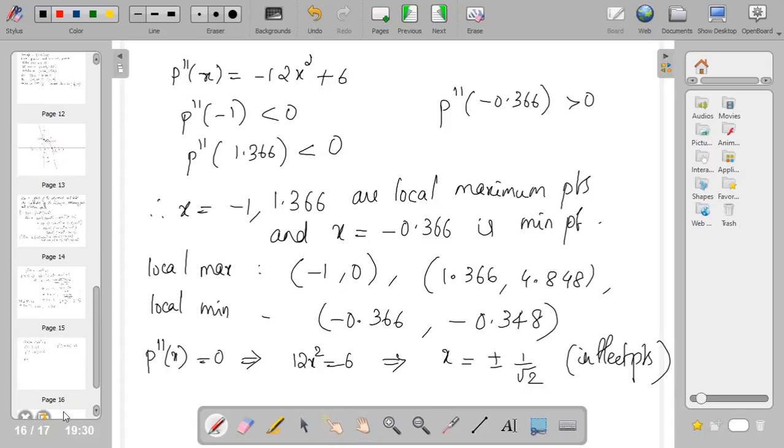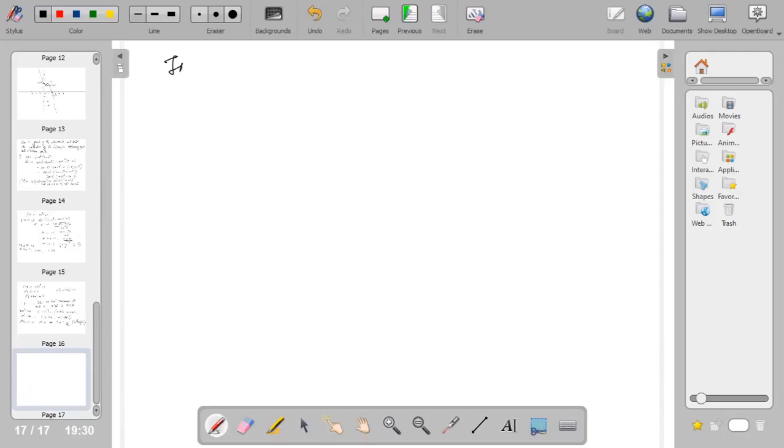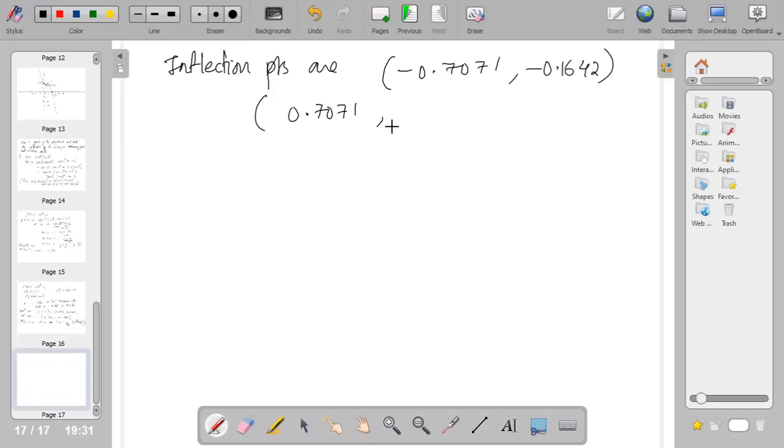So the inflection points: at minus 1 by root 2, that is minus 0.7071, the value is minus 0.1642, and then at plus 1 by root 2, the point is 0.7071 and you will have 2.6642. So those are the inflection points.